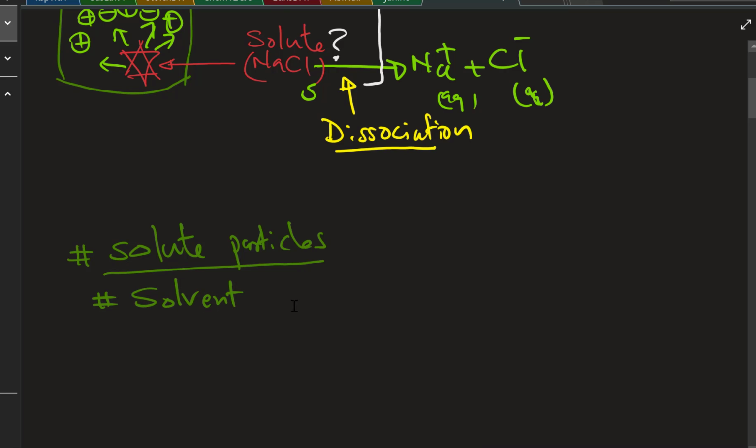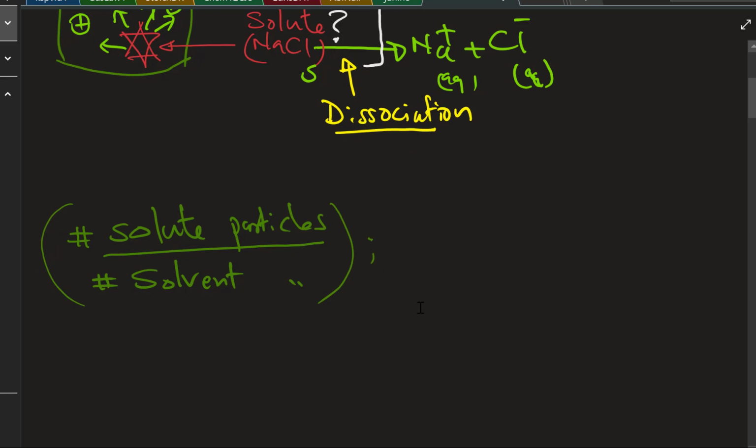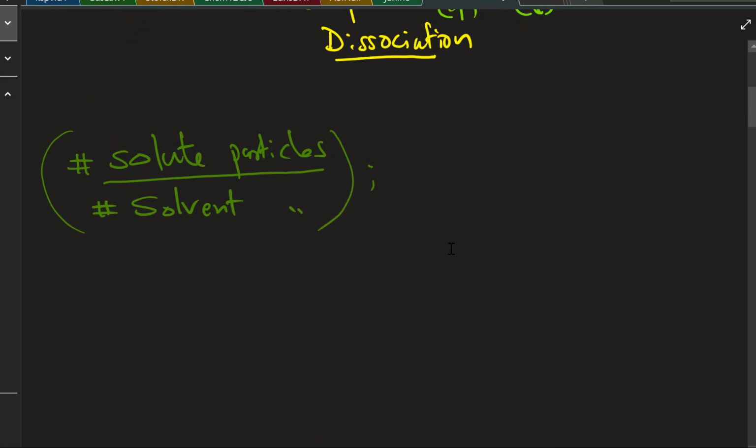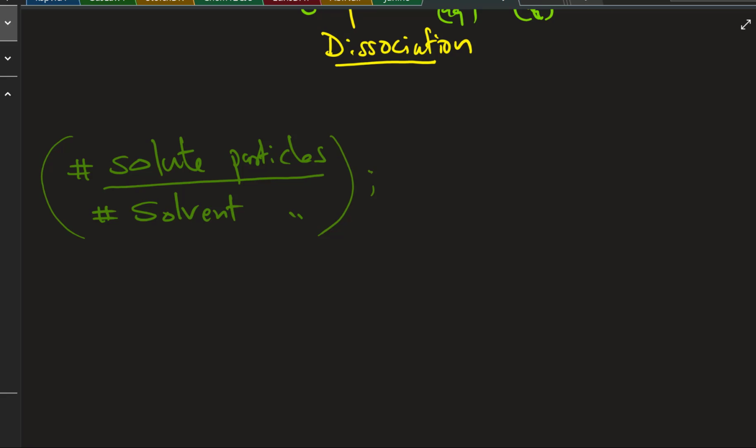In the molarity, it's important for the explanation and also for the formula to know the definition. The definition is the number of solute moles divided by the liters of solution. So that is important.